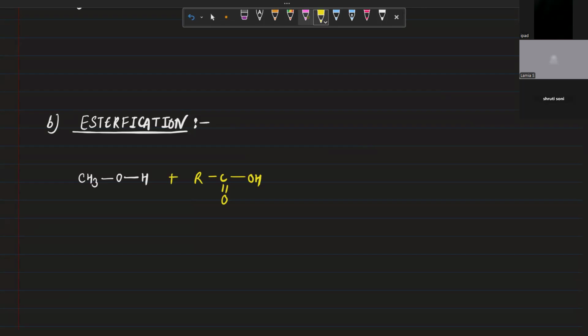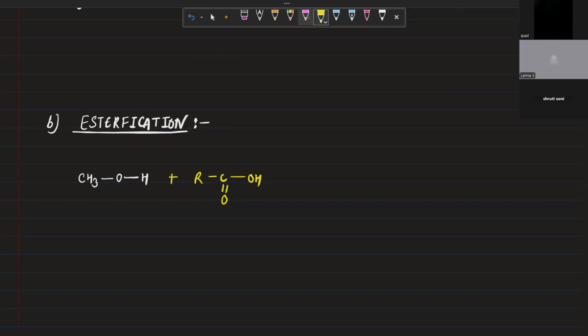And in the second one? I think that would be ester. No. I just gave you the answer when you asked me in the beginning of class. Oh, carboxylic acid.